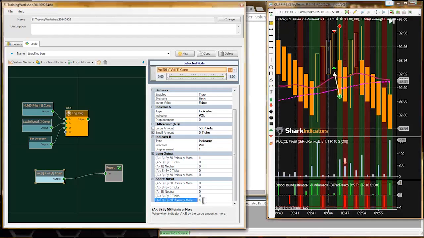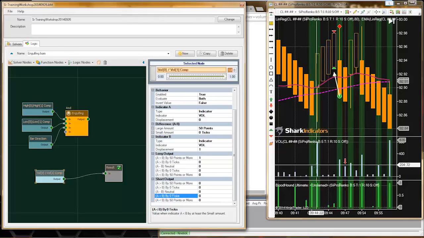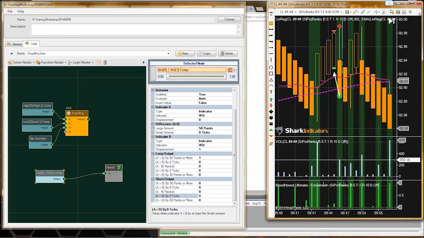So it's telling me that we actually don't want this condition, right? We're looking for the condition where the long output is, where the volume's getting greater. Clearly on this bar, the volume is greater than the previous bar, so that's what we're looking for.